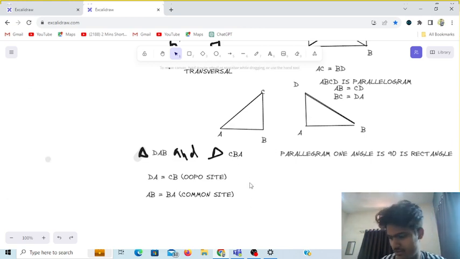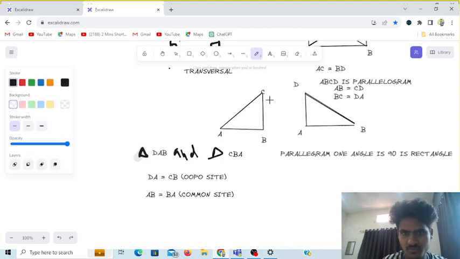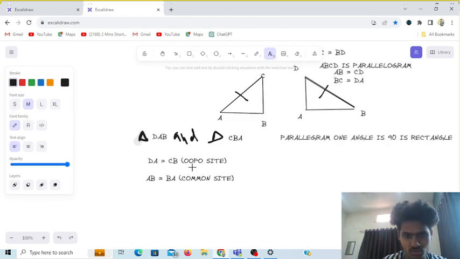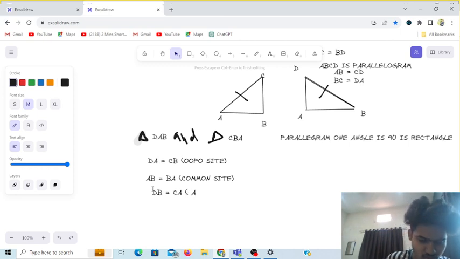And DB equal to CA. This DB and this CA, because in the question the given is that the diagonals are equal. So we can write DB equal to CA, and in the bracket the reason is equal diagonals.